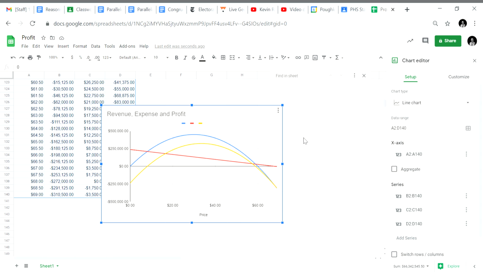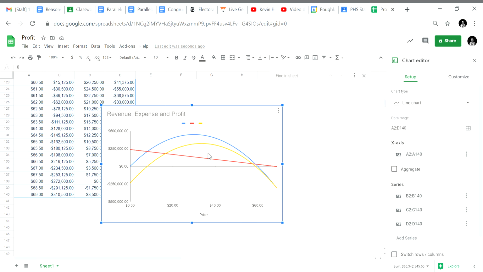So you see your profit is a little bit less. Also, I want you to know that the maximum revenue is close to, but not the same as, where the maximum expense is. It's shifted over slightly. So the price that gives you maximum revenue is not going to be the same as the price that gives you maximum expense.